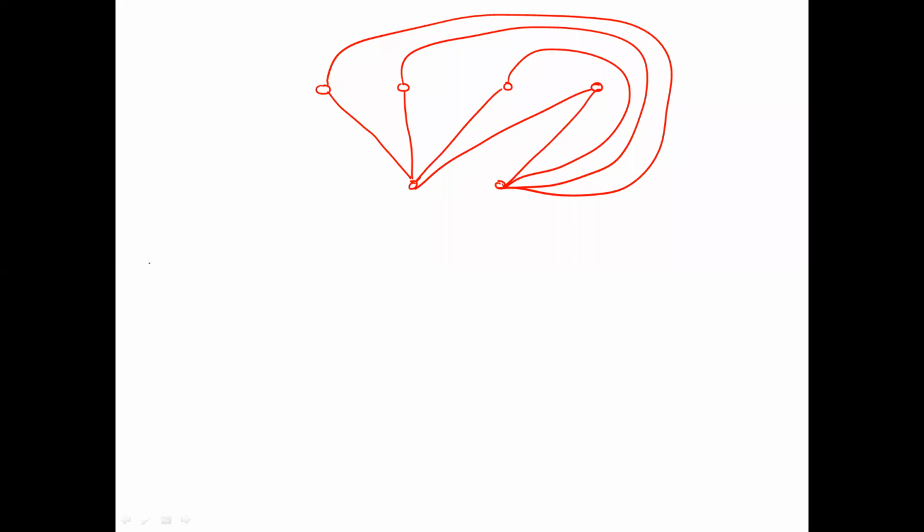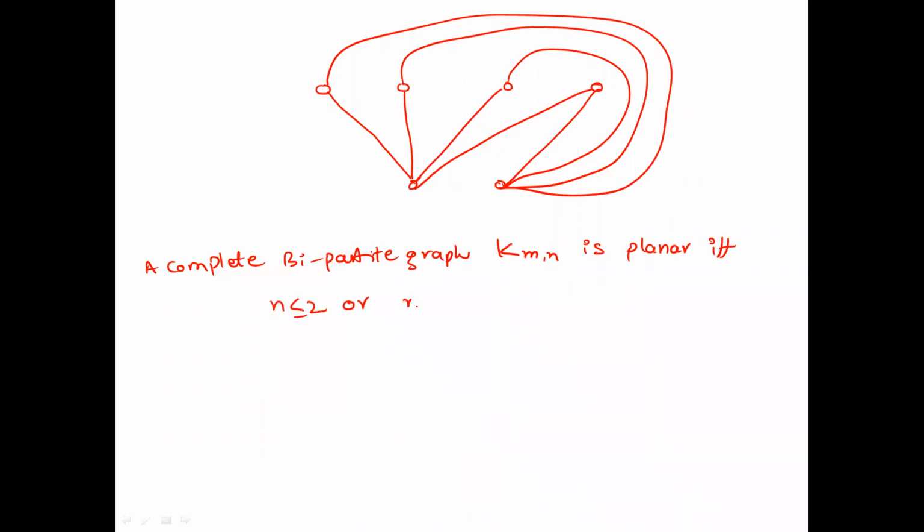So in general, a complete bipartite graph K m comma n is planar if either n is less than or equal to 2 or m is less than or equal to 2.